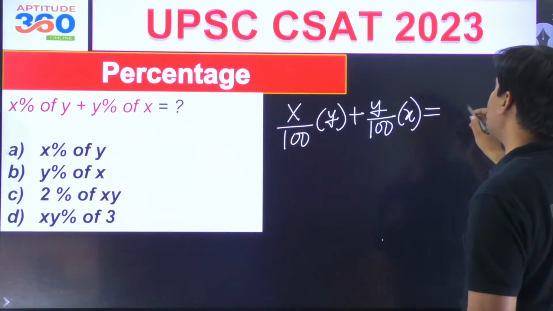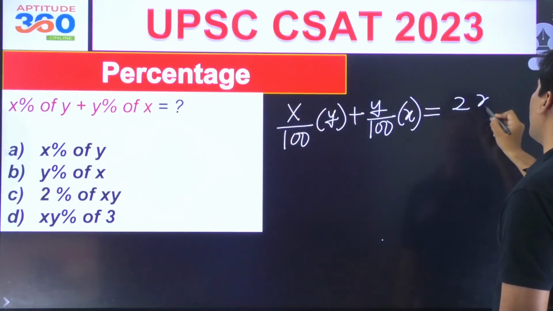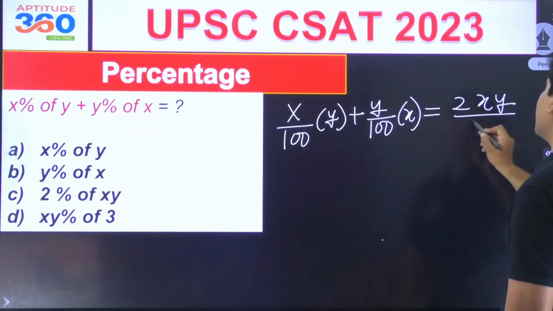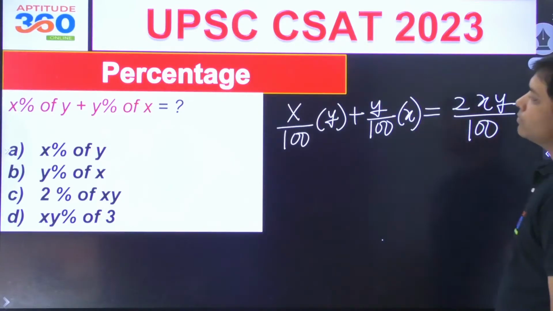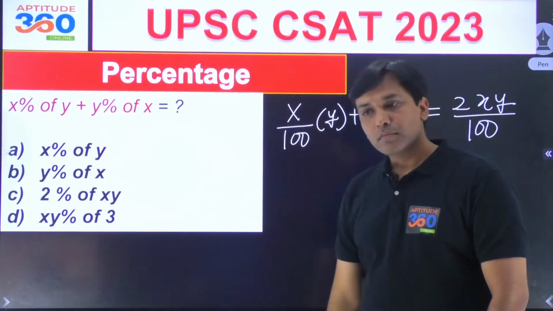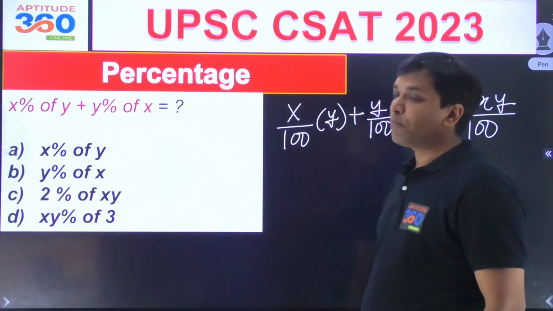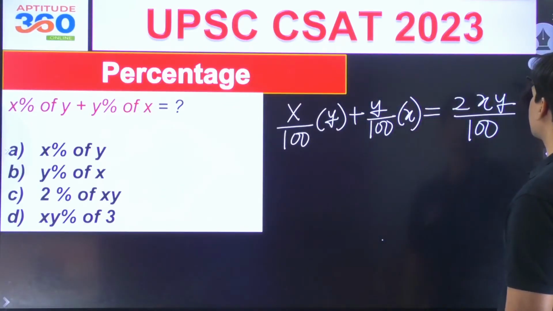If you simplify this, it is 2xy upon 100. Is that right? So everybody is saying option number 2 is the right answer.